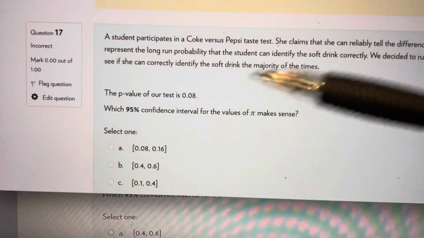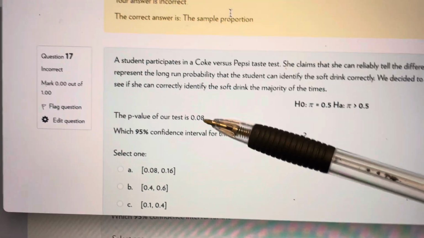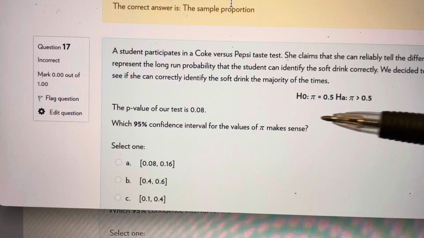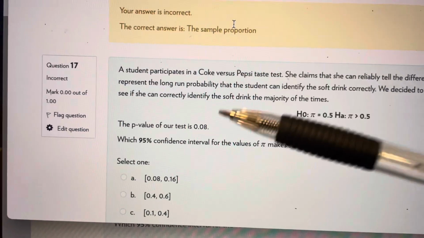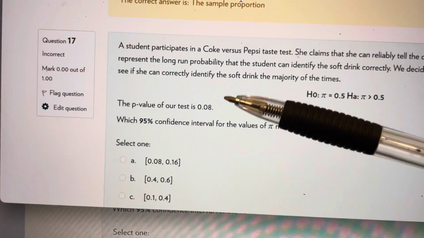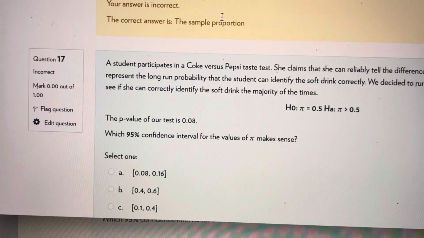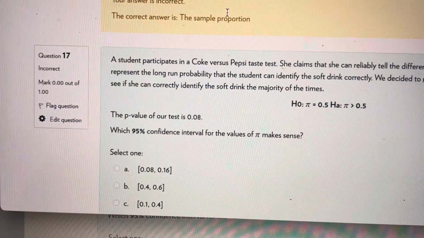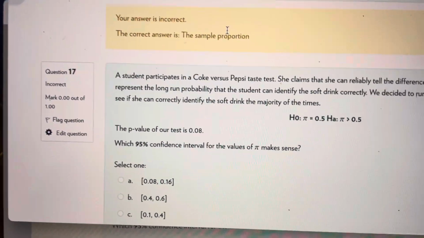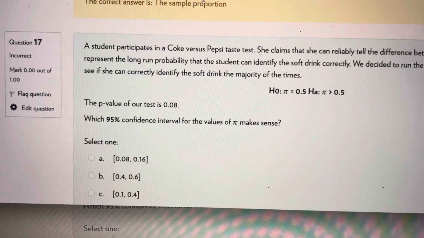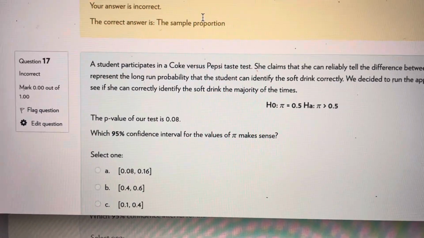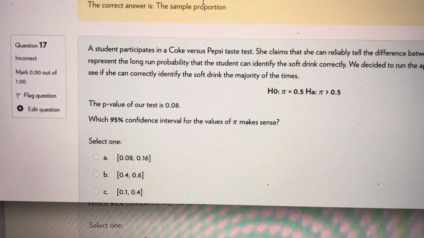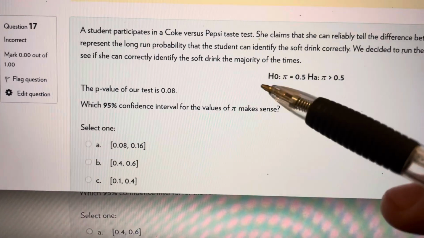Now the question becomes, hey, wait a minute. Isn't 0.08 moderate evidence to suggest that we reject the null? And that is correct. There's a problem with using the approach of moderate, strong, very strong, in that confidence intervals and hypothesis tests are supposed to work together. And so if your confidence interval is 95%, then your threshold you should be using is 0.05.